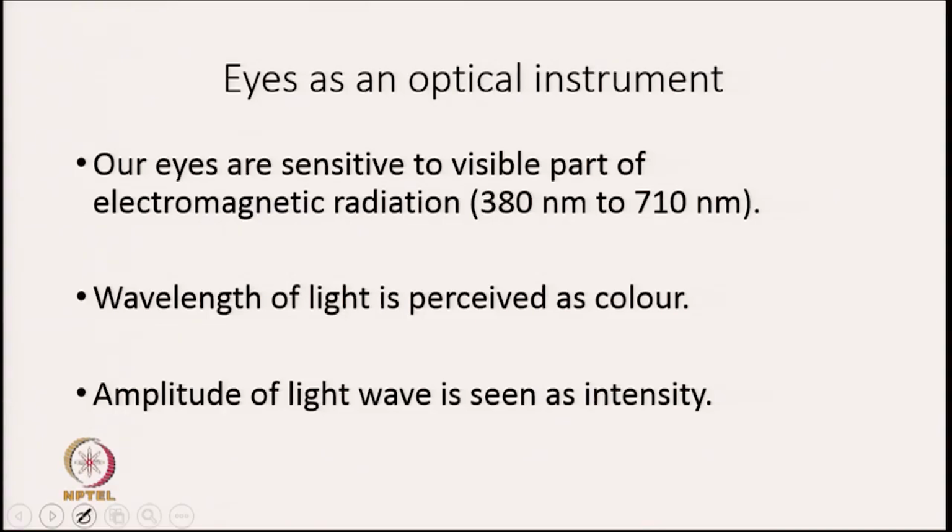Our eye acts as an optical instrument. It is sensitive to the visible part of the electromagnetic radiation, from a wavelength of 380 nanometer to 710 nanometer. The wavelength of light which we receive is perceived as color.